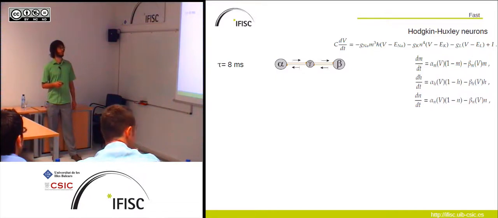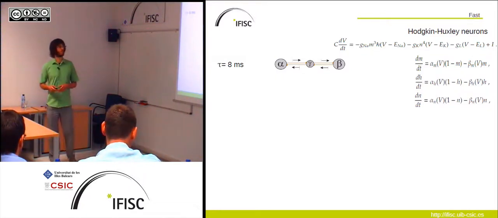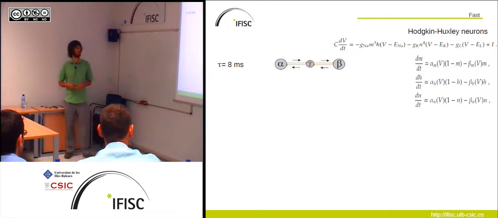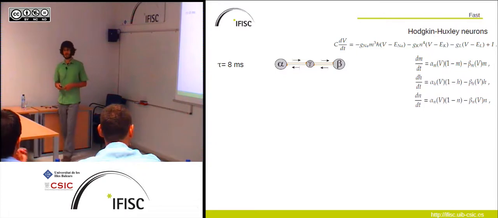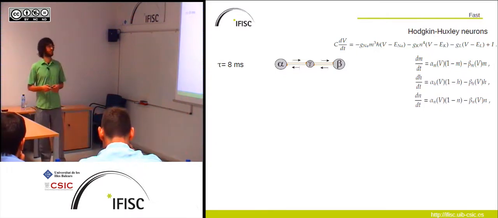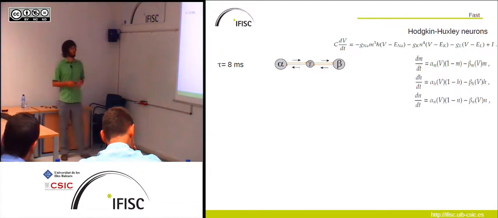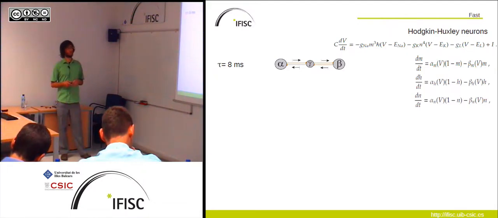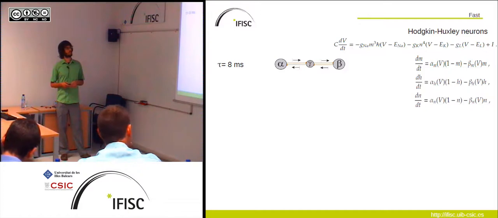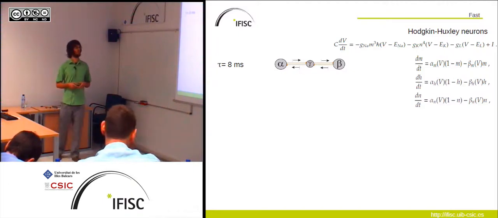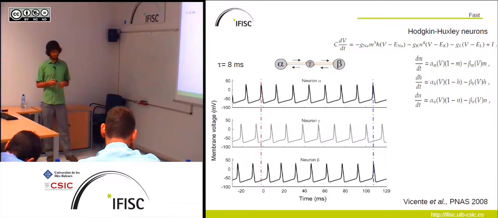There are four coupled nonlinear differential equations, so they are not very easy to simulate and to understand. It takes a long time. When we consider small motifs, it's good to use this more realistic model. But once we try to extend this to populations, we'd like to have a more simplified model.